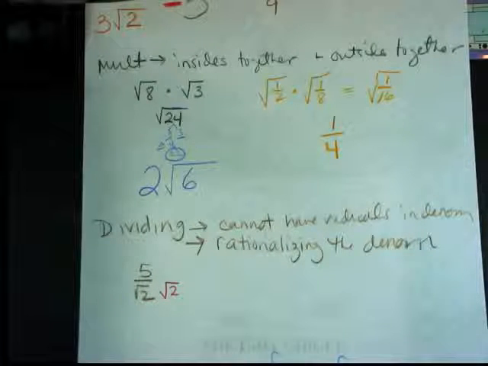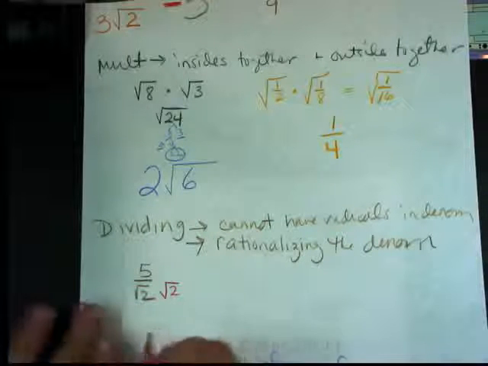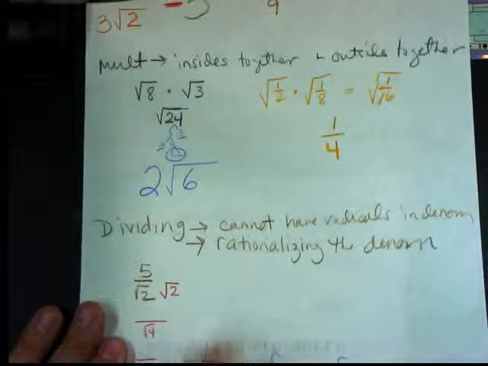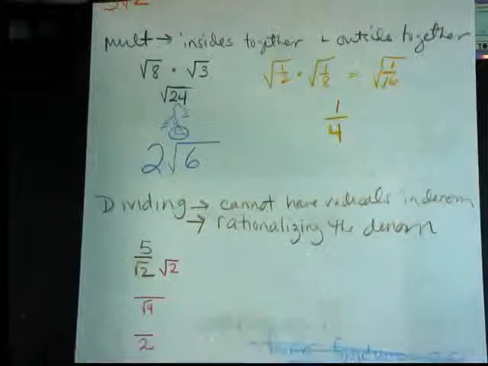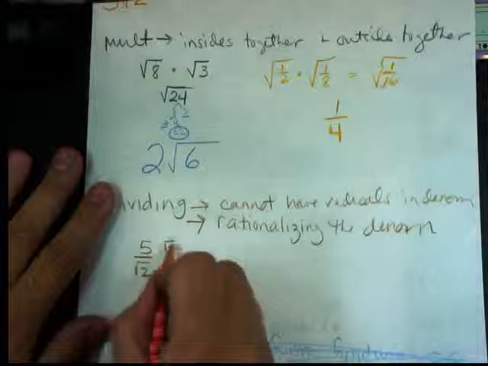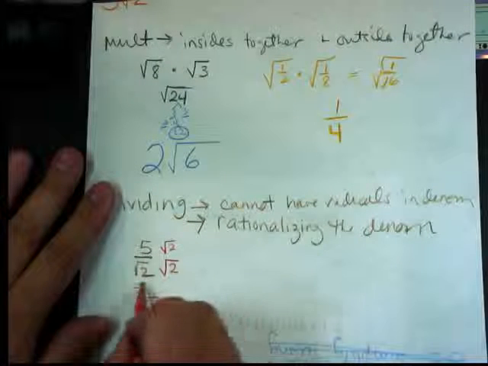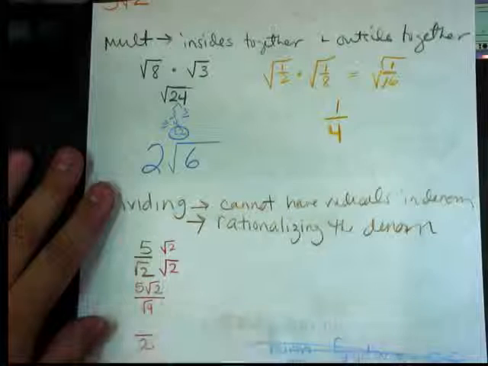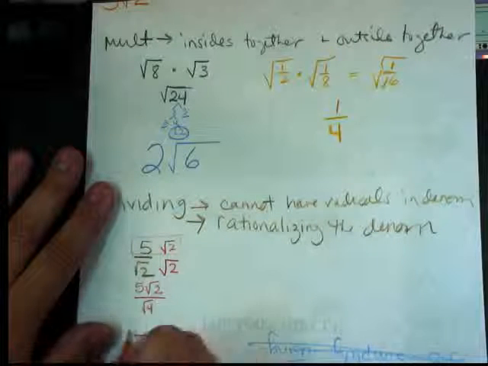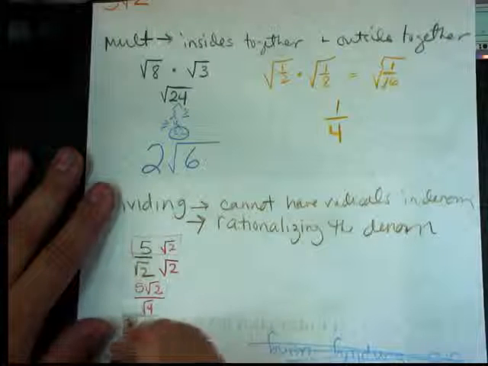Because the square root of 2 times the square root of 2 is the square root of 4, and the square root of 4 is 2. So the only way we get rid of a radical in the denominator is to multiply by it. But just like anything we do with fractions, if you do it to the bottom, you got to do it to the top. So 5 times root 2 is 5 root 2. So we get 5 root 2 over 2.